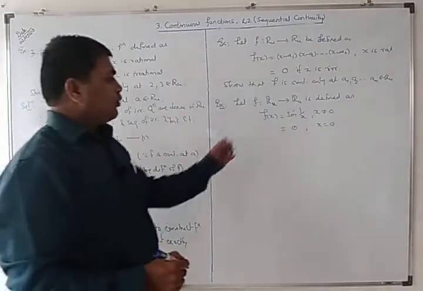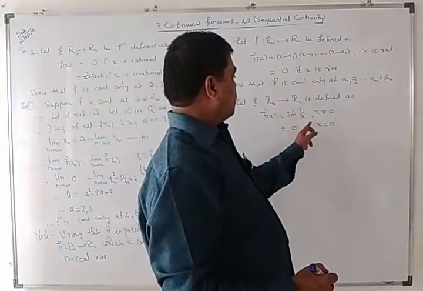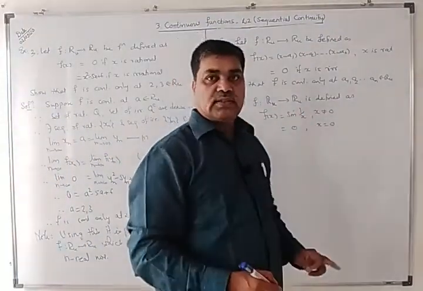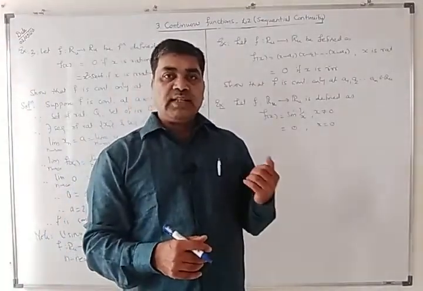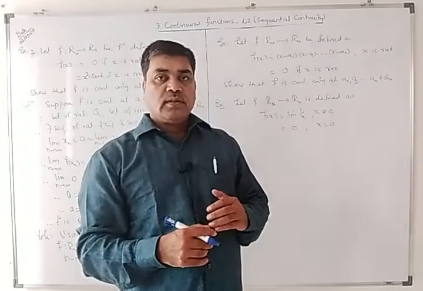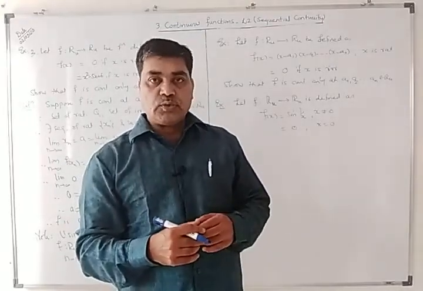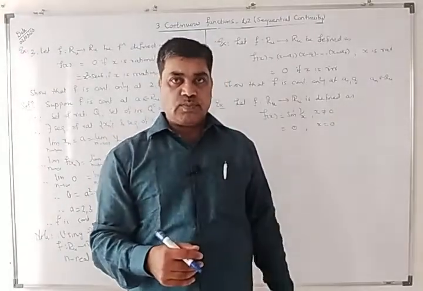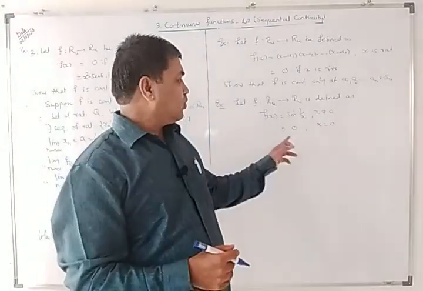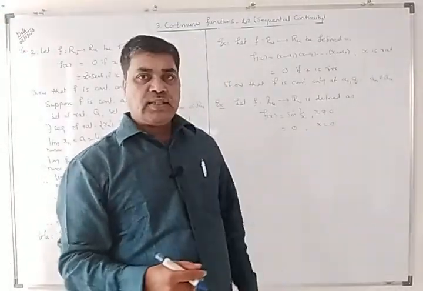For real x not equal to 0, we know that the rational function 1 by x is continuous except at 0. We know that sin x is continuous everywhere. Composition of continuous functions is continuous. And therefore, sin 1 by x must be continuous except at x equal to 0. Problem is at only 0.